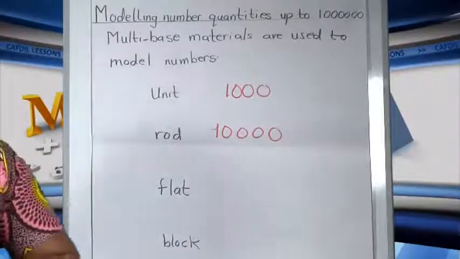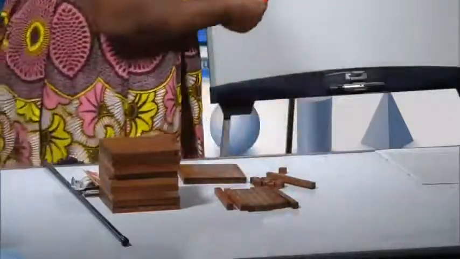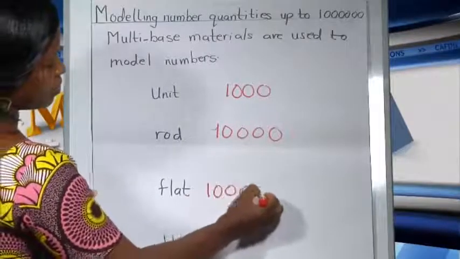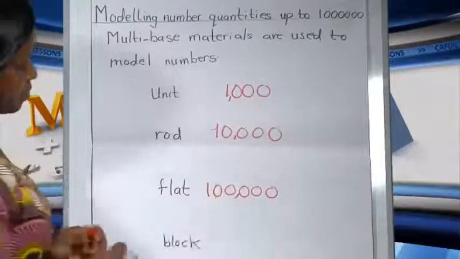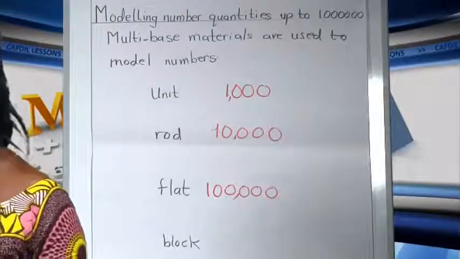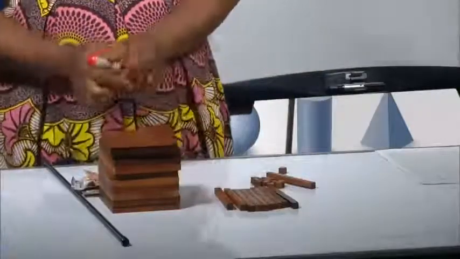And the value of the flats is 100,000. And the last one, which is our block, is 1 million.